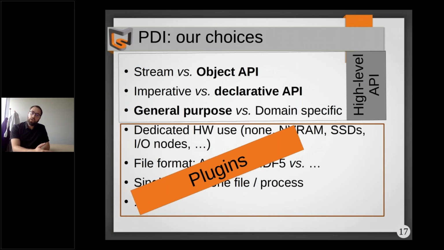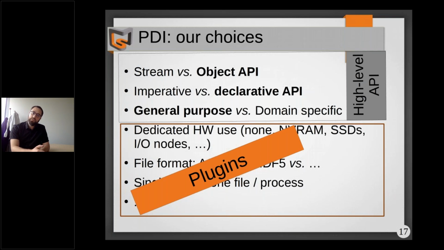So do you want a stream or an object API? We chose an object API because in your code you manipulate structures, arrays, etc. The stream concept is really an IO concept. So in the API, we only expose to the library the object manipulated by the code without doing the transformation to a stream.